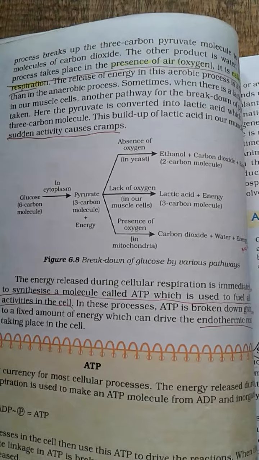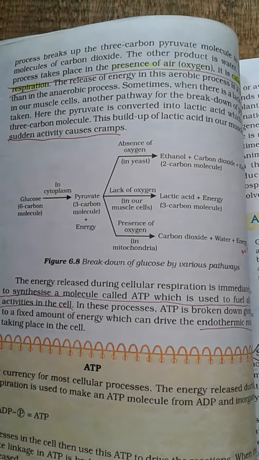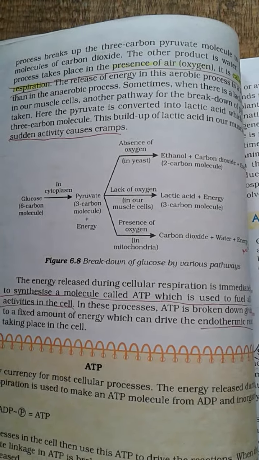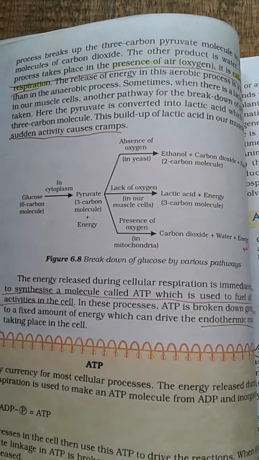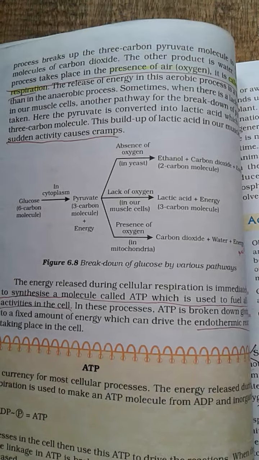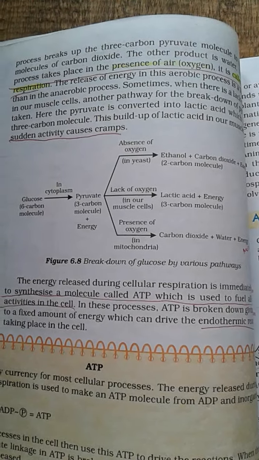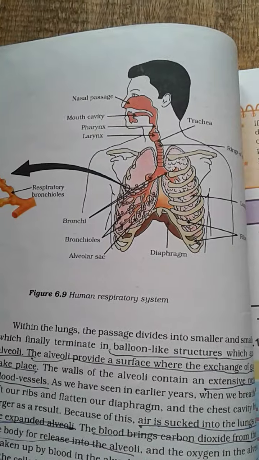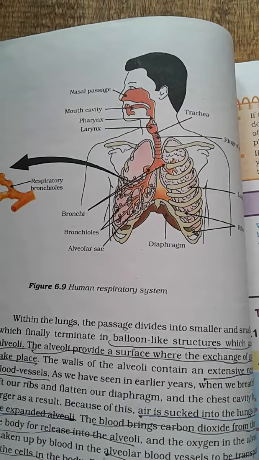In this process, the three carbon molecules, that is the pyruvate, gets converted into lactic acid and energy. And due to the accumulation of lactic acid, the muscle starts to pain for an athlete or a person who doesn't. Let us understand human respiratory system.